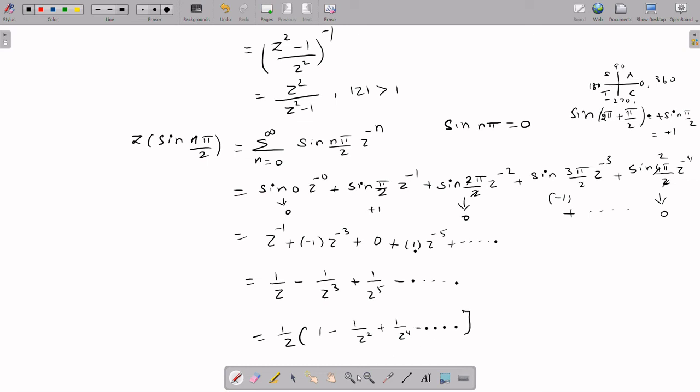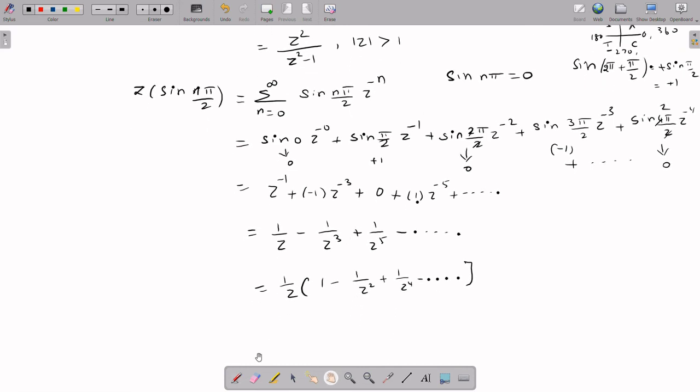This is equal to 1 by z into (1 minus 1 by z squared) whole power minus 1. That is 1 minus x plus x squared; the previous problem we applied the same formula.